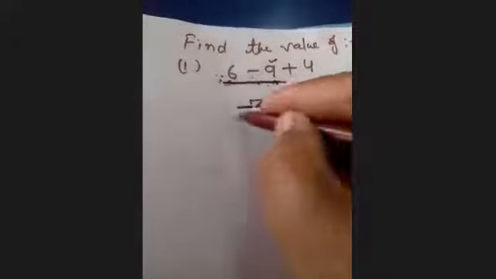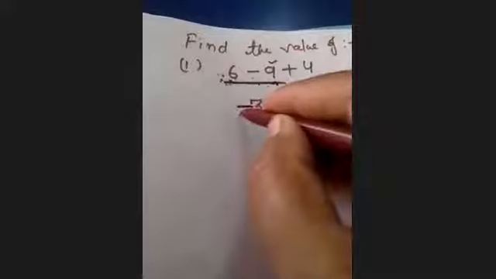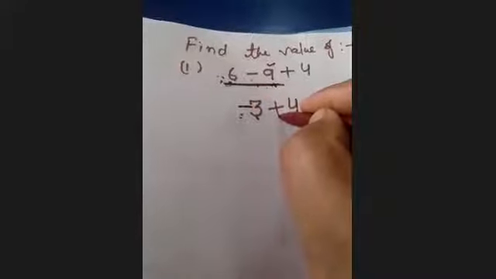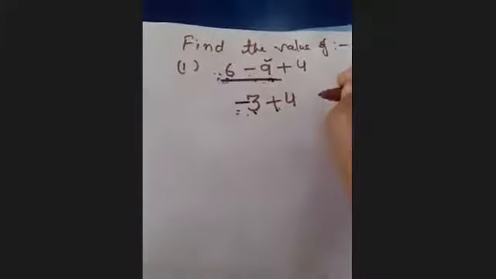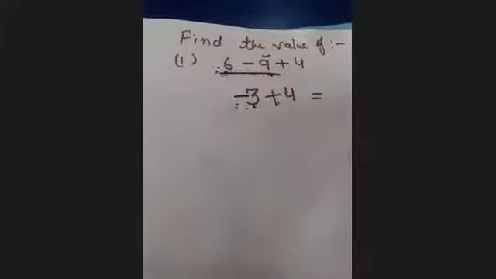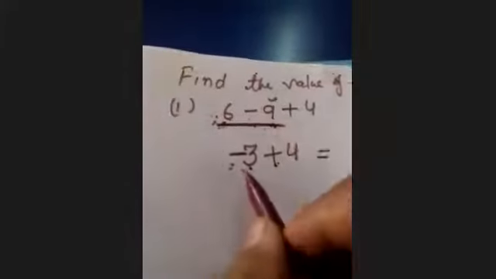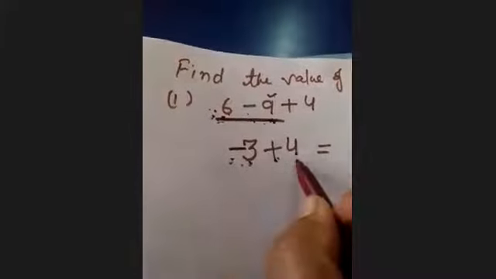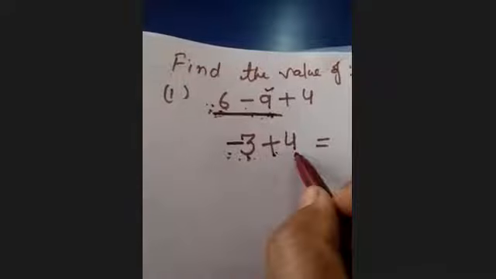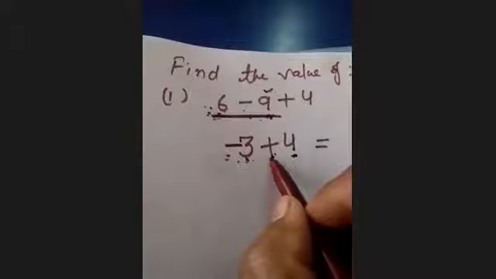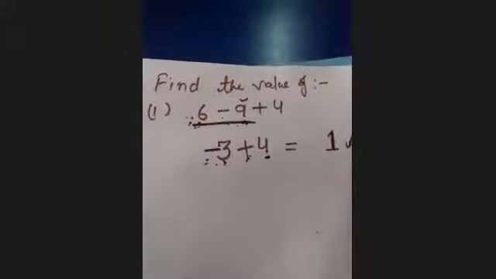Now solve minus 3 plus 4. Now we have minus plus, which is minus. So 4 minus 3, the result is 1. Now, is 1 positive or negative? Compare these 3 and 4. 4 is the greater number and our greater number is with a positive sign. So the result should be plus 1.